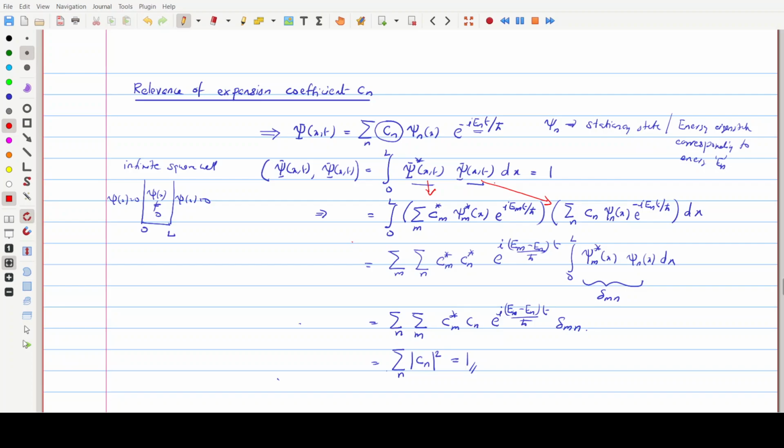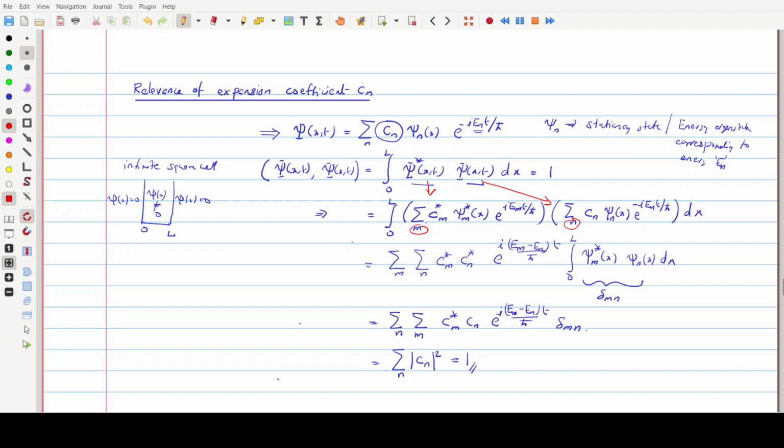Since for psi of x I am using the summation index n, here I am using the summation index m. I am just using another symbol here, so you have to remember this step. Otherwise, there will be some loss of information while you are integrating. So you should be careful to give different notations to represent psi and psi star. Because there are two summations, you have to distinguish these two summations.